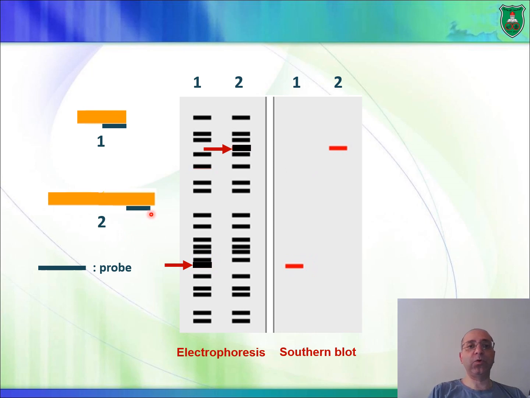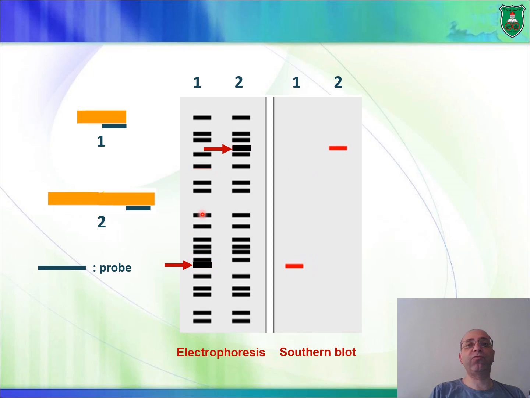So the probe right here would bind to a large fragment in sample 2, and would bind to the small fragment in sample 1. So in the gel electrophoresis, when we separate fragments according to size, we have a lot of fragments, and we will not be able to distinguish these fragments from each other. Okay, according to sequence, we wouldn't know the sequence of all of these fragments.